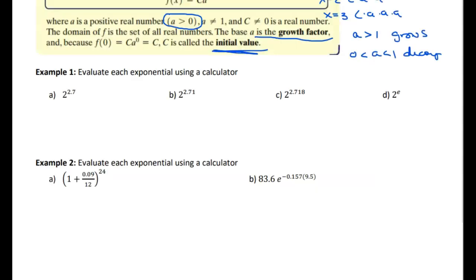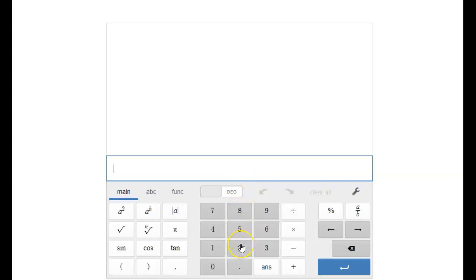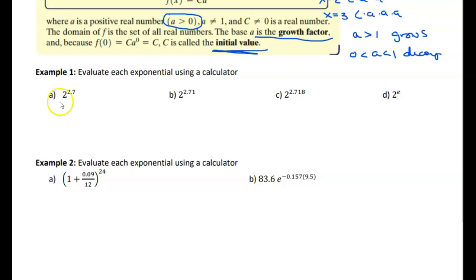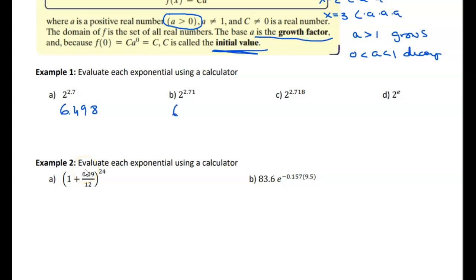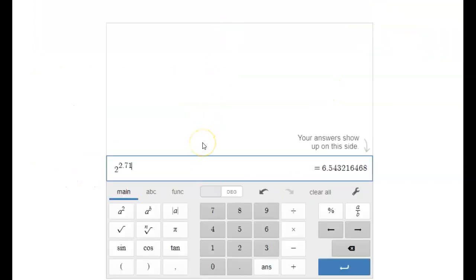Let's look at 2 to the power 2.7, which is 6.498. Now 2 to the power 2.71 is 6.543. 2 to the 2.718 is 6.5796, 6.580.